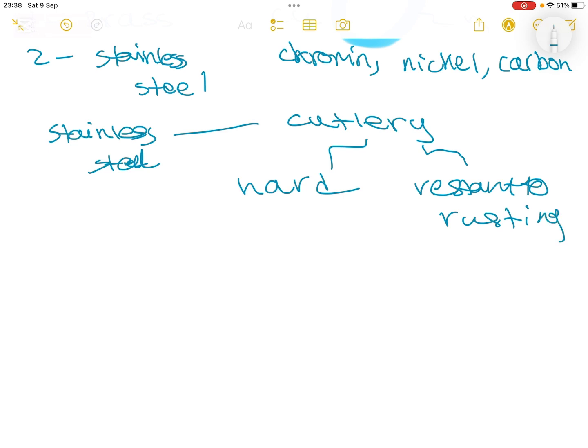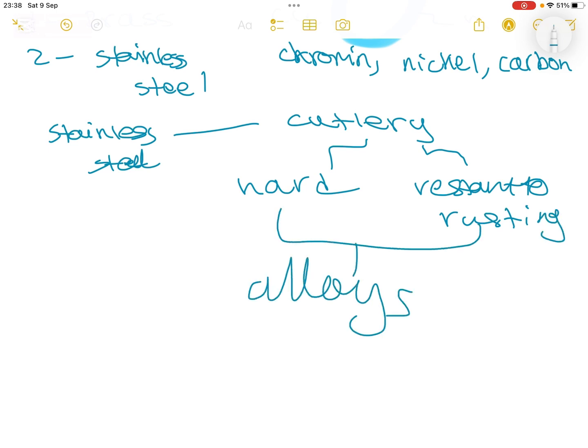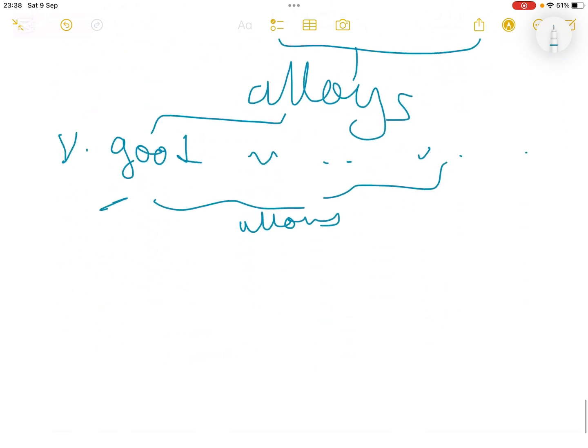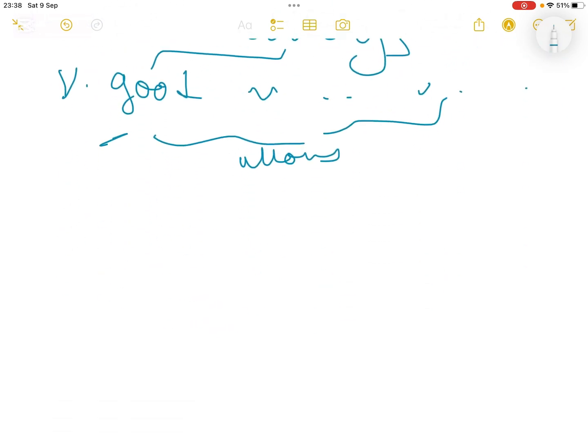And these properties were formed because it is an alloy. It's a mix. You get a very good property in one metal, and another good property in another, and you mix them together, forming an alloy, a mixture that is used in a lot of things because it has better physical properties.